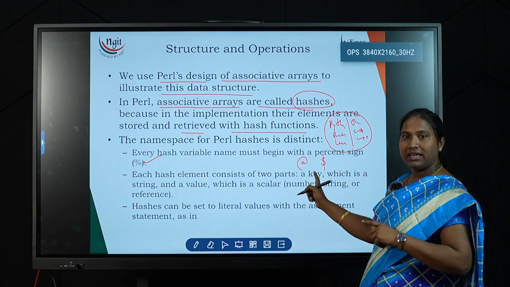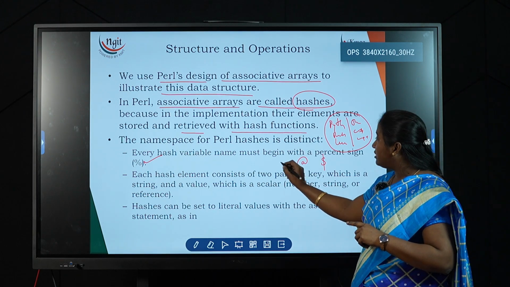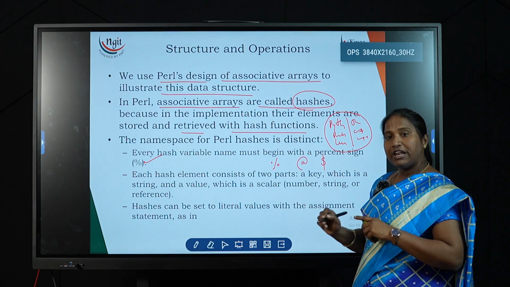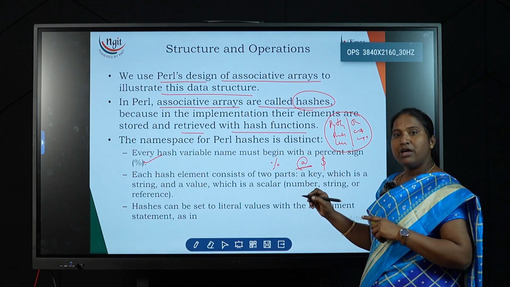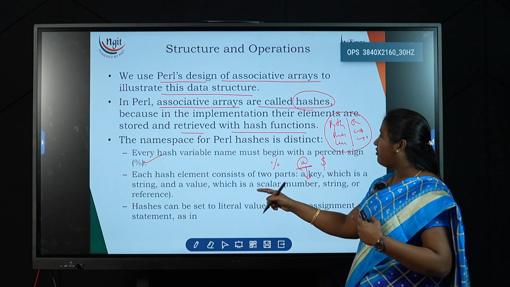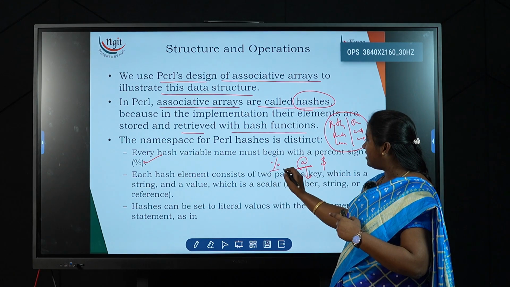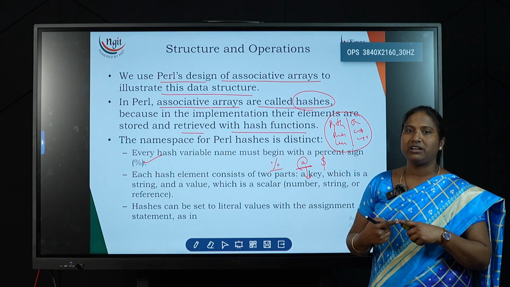It is from the array. An associative array is represented with the percent symbol. When you find a variable preceded with the @ symbol, we have to understand it is an array. When you find a variable preceded with the percent symbol, you have to understand it is an associative array.